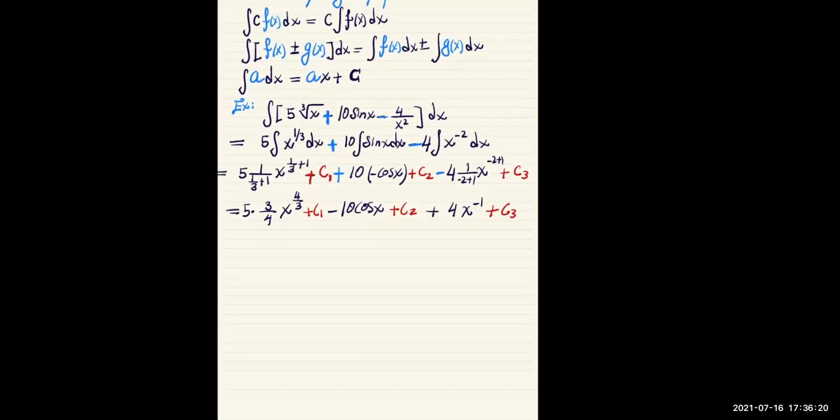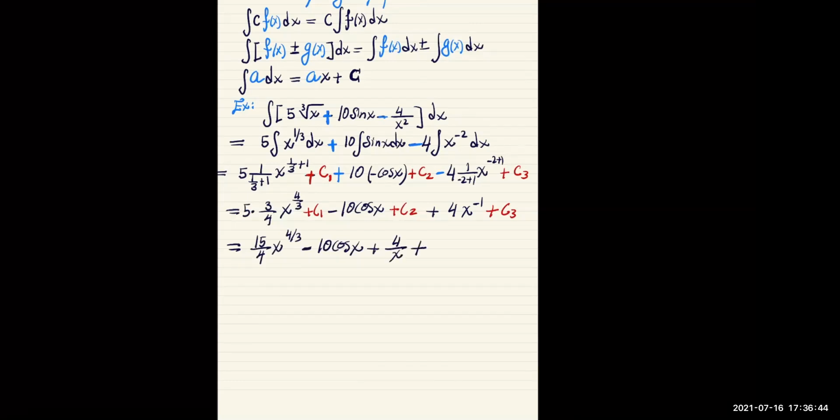And write that constant in the end. So let's just simplify. You have 5 times 3, that's 15 over 4, x to the 4/3. Again, I'm not going to write plus C1. I'll take care of that in the end. Minus 10 cosine of x. And then here I have plus 4 over x because of that negative 1.